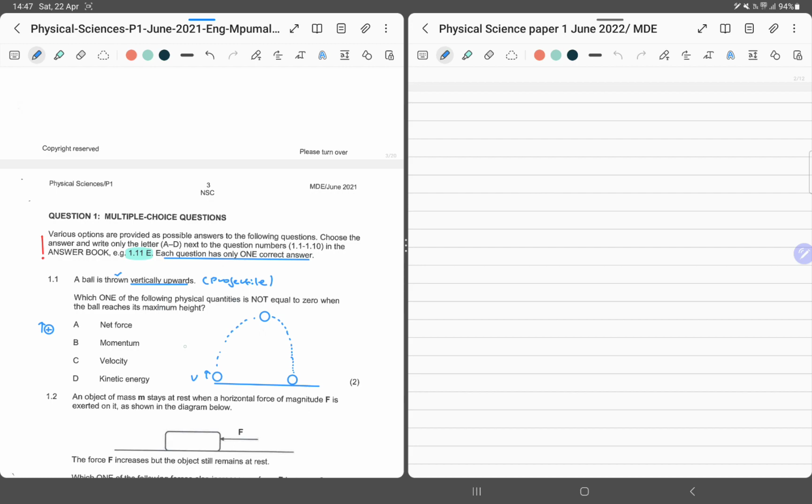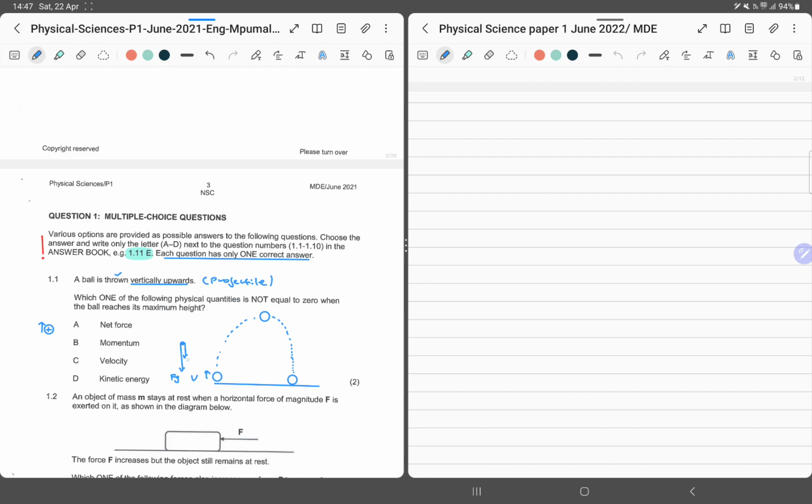First of all, if we draw a free body diagram of this ball, in this section, from the moment it is launched until the moment it reaches maximum height. Of course, at maximum height, there's a bit of a change of things. Okay, so it's the weight of this ball acting straight down. And then we've got air friction or air resistance.